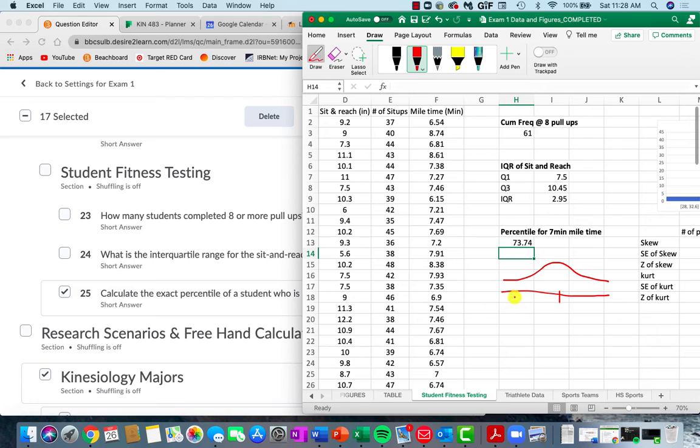Higher times would be on this end of the distribution, however, right? So when you're looking at a percentile for someone who was able to perform the mile in 7 minutes, that's going to be wherever 7 is, let's say it's here, right? 7 minutes, and then everybody who performed worse than that person, okay? And that's how we get 73%.